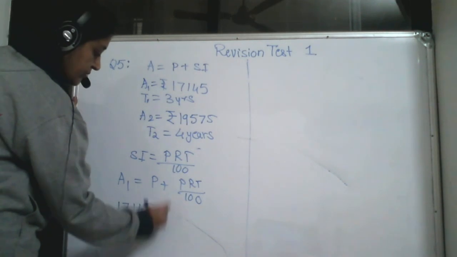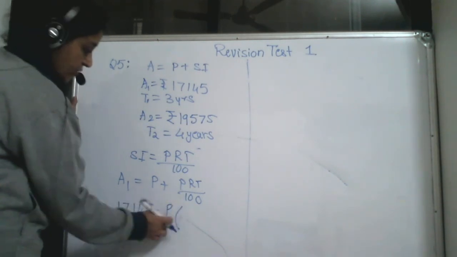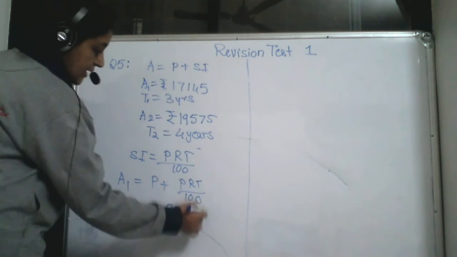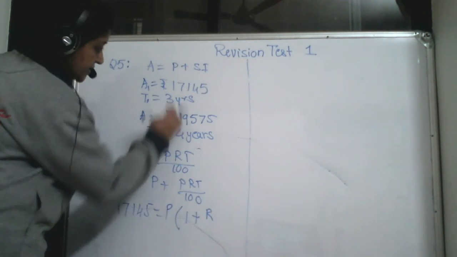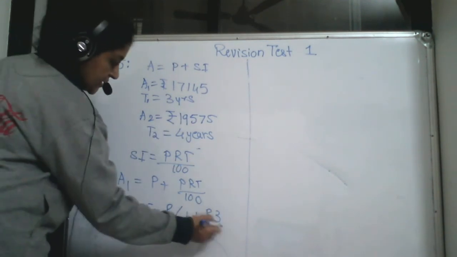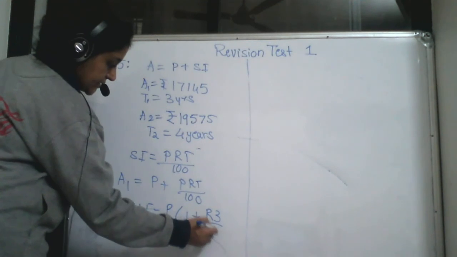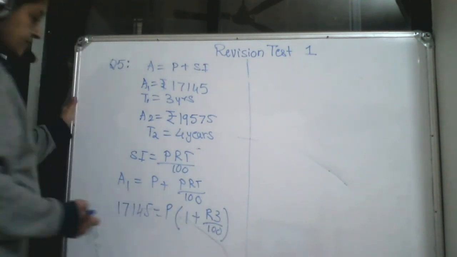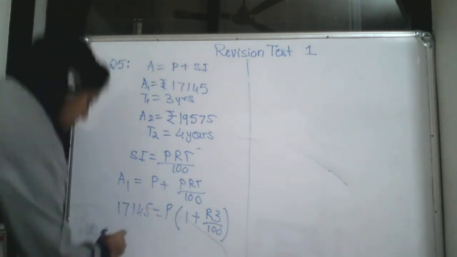So it will be 17,145 is equal to P into bracket. I am taking P as a common term here. 1 plus R into T. T is how much for the first one? 3 upon 100. So this will be there. Okay, so what will be P then?